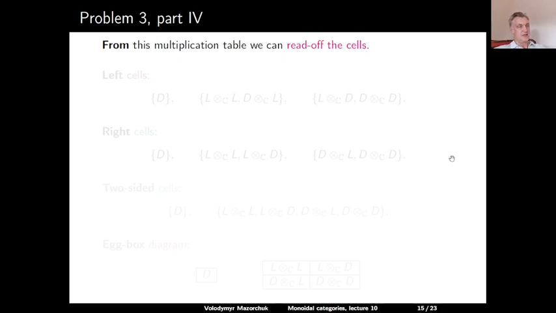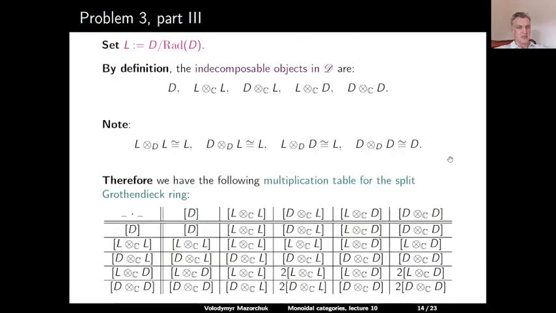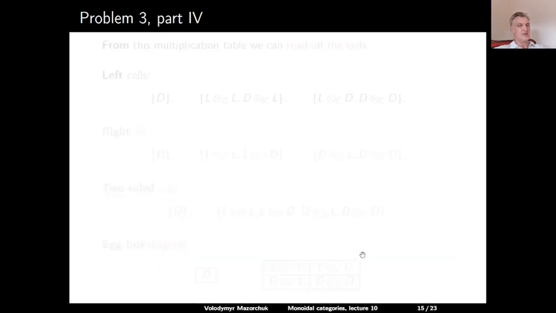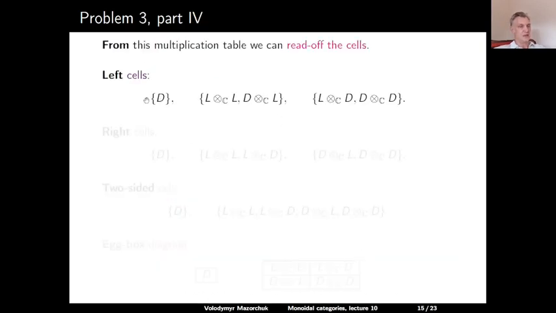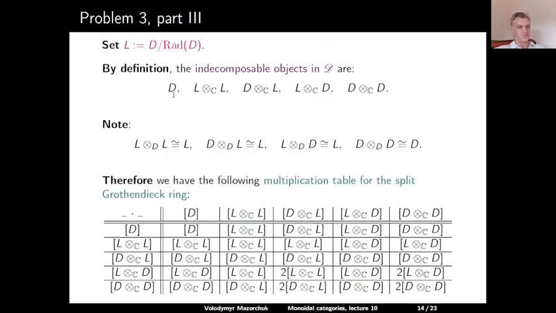So the left cells, these are elements which we can get from one another using left multiplication as summands. So if we start from D, we can go to everything using left multiplication, but then if we get something which is not D, we can never come back. This means that D is a left cell on its own.